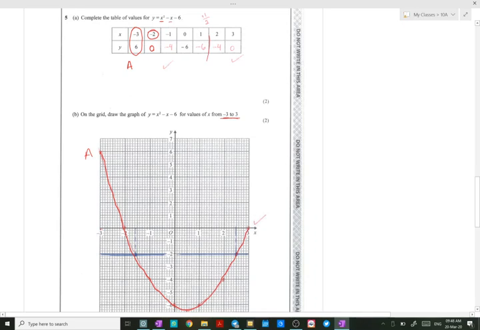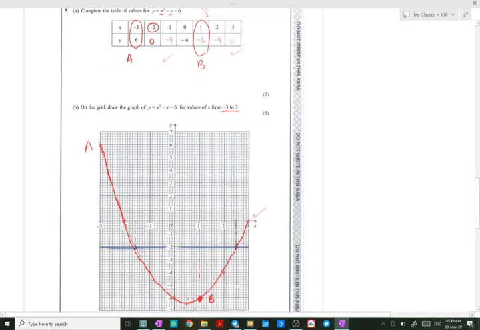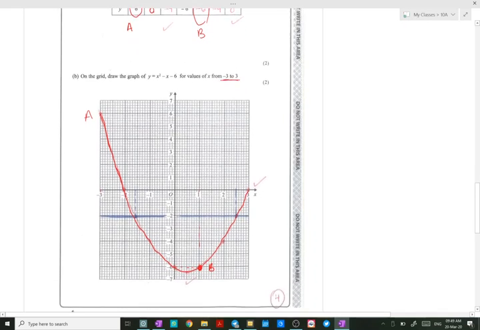So let us choose this point. This point, if we call it B, whose x is 1 and the y is minus 6. So I have 1 for x and minus 6 for y. This is point B. And then you connect the points together and you will have this shape for the quadratic equation.